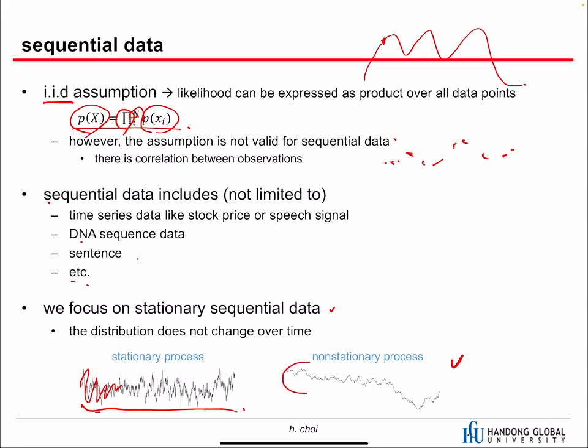When we check the average of these samples and the average of these samples, they are different. Or sometimes we have the same average but different frequency. This is also non-stationary. Stationary data means the statistics of the distribution are not changing over time.